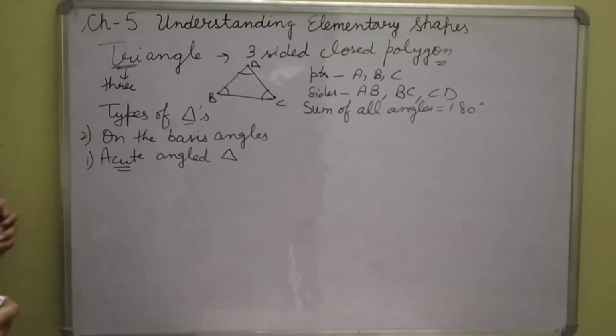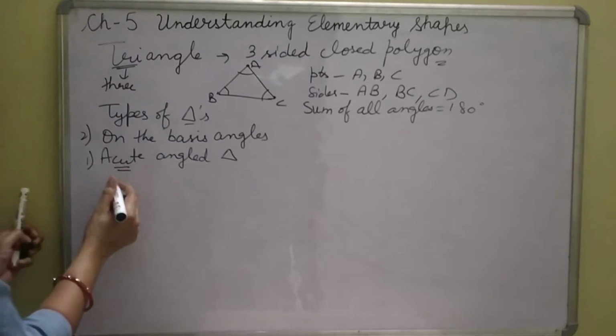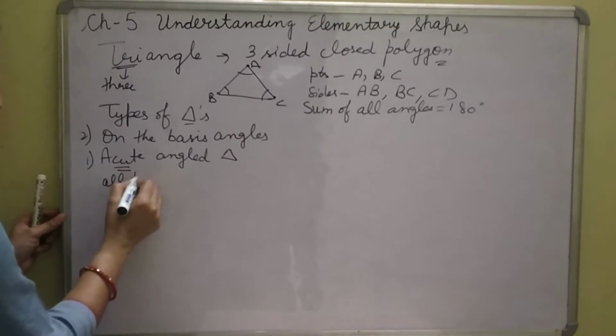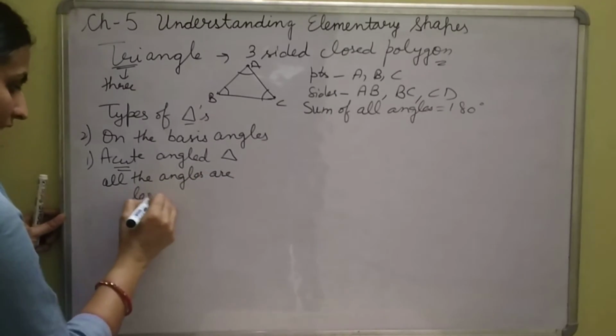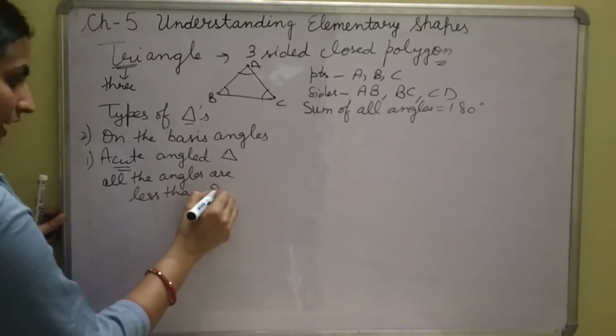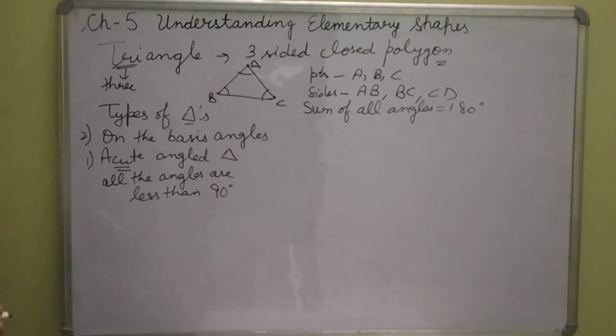What is the acute angle? Acute angle means less than 90 degree. So, in this type of triangle, all the angles are less than 90. So that is our acute angled triangle.